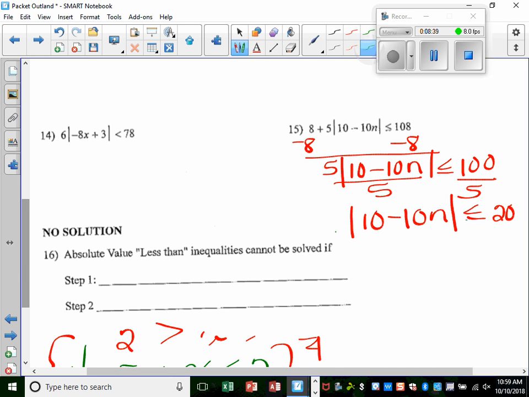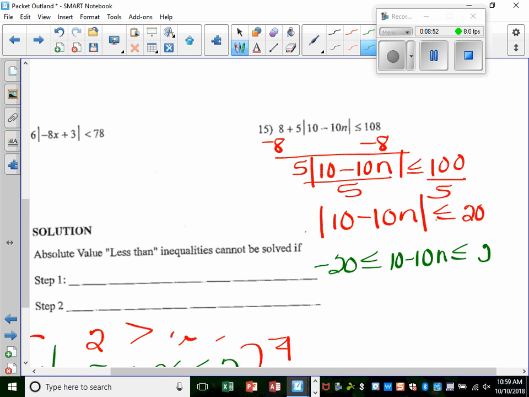So I can write that as a compound inequality. So I'm going to put negative 20 is less than or equal to the 10 minus 10n, which is less than or equal to 20. All right. So now we can just go ahead and solve this. We'll subtract 10 from all sides.